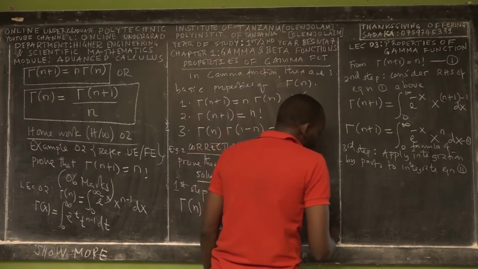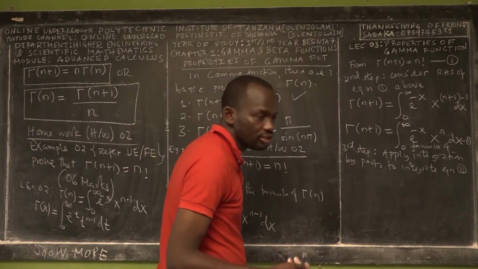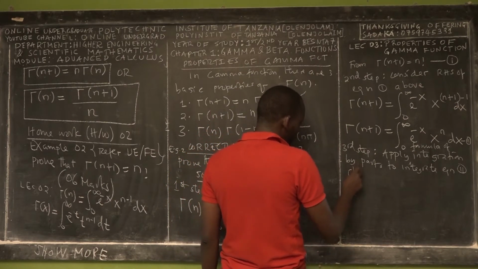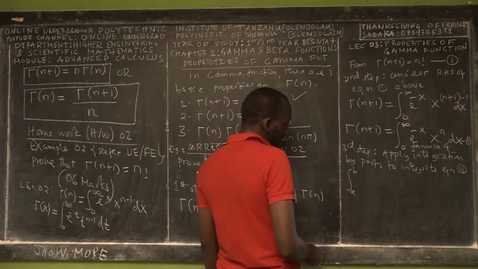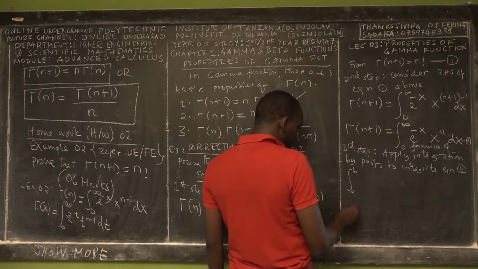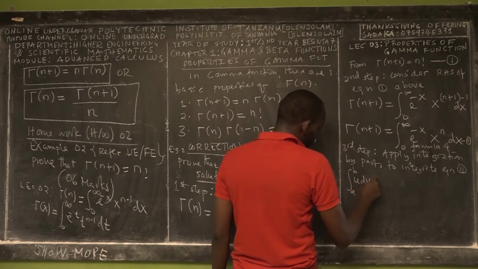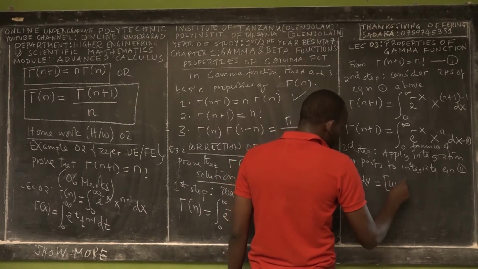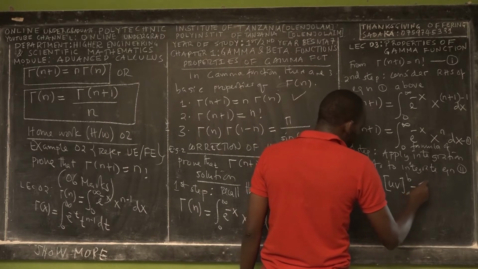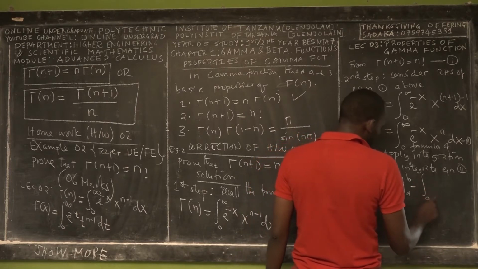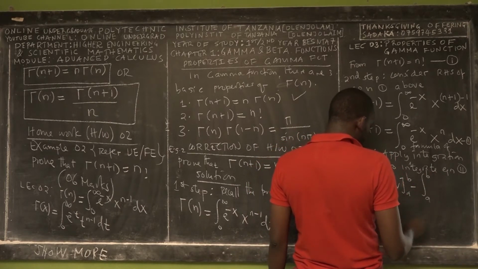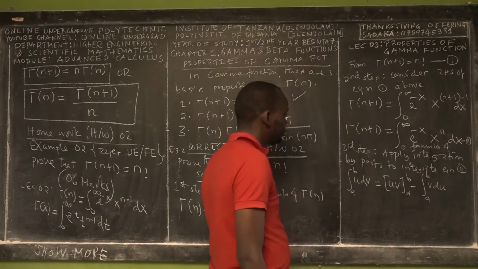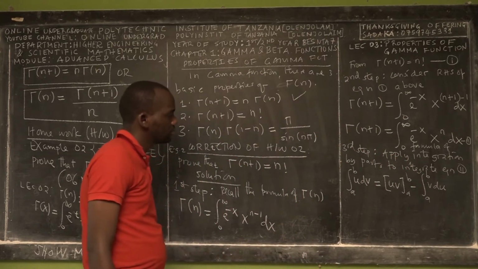Remember the formal definition of integration by parts. If it is a finite integral, the integral of u dv from a to b is equal to uv from a to b minus the integral from a to b of v du.